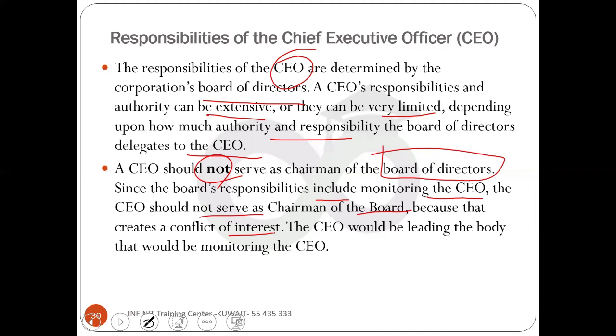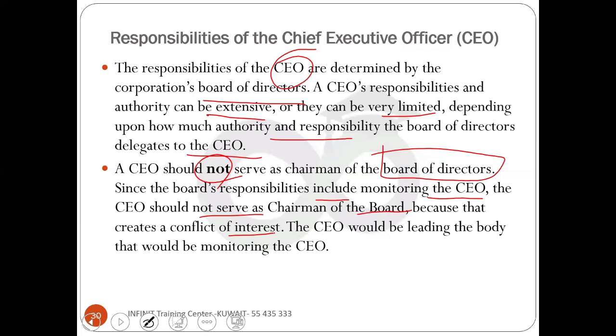So in the board, CEO should not be there because board is going to oversee the management, and CEO represents the management. So he should not serve as the chairman of the board.